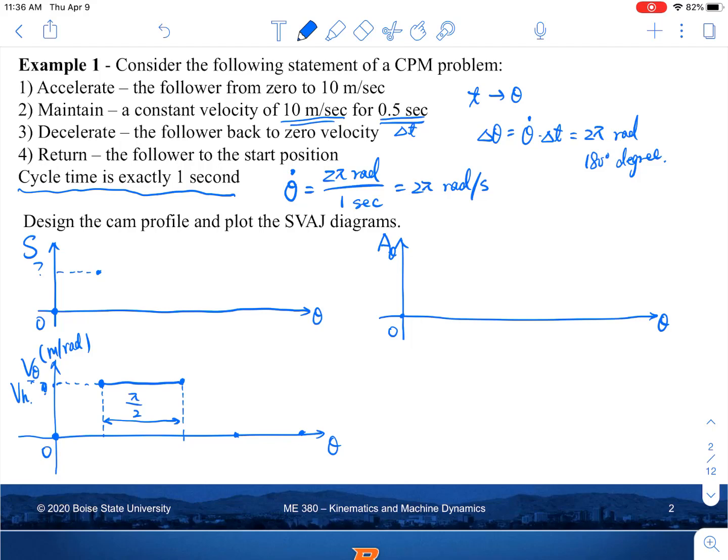And within the second range, because your velocity is constant, your displacement is going to be a linear function. And then in the third range, we know it's decelerating, but we don't know how fast it's decaying. So it might end up somewhere on that line. And then in the last one, we know that it goes back to the origin. So in the last time step, it goes back to the 0 point.